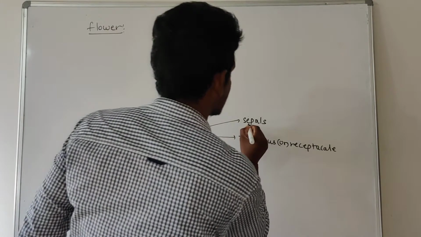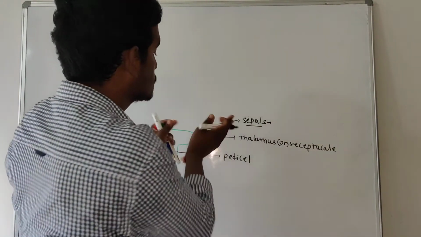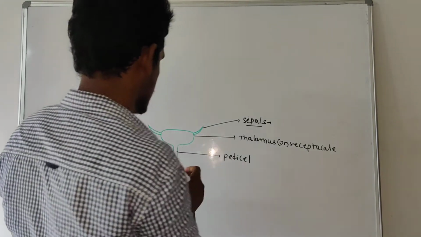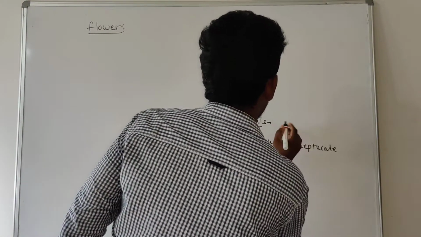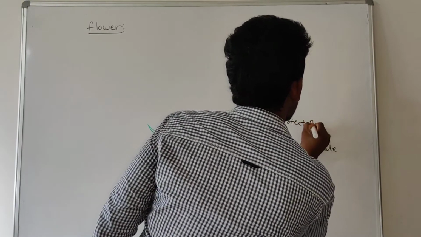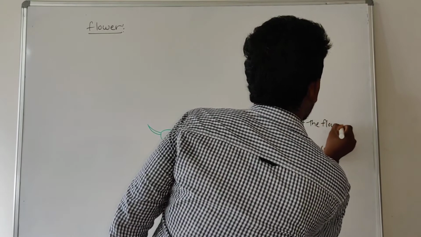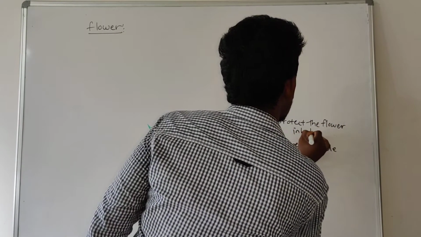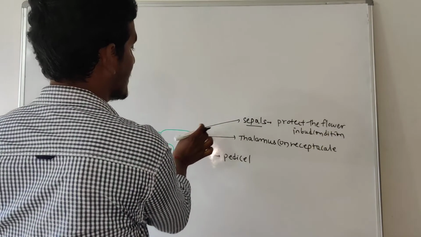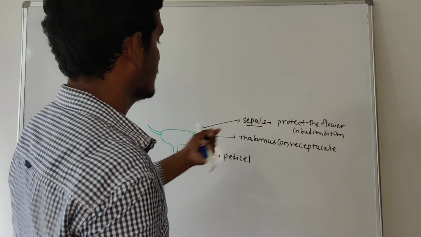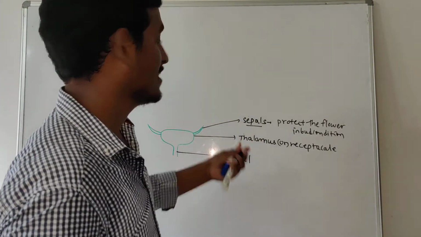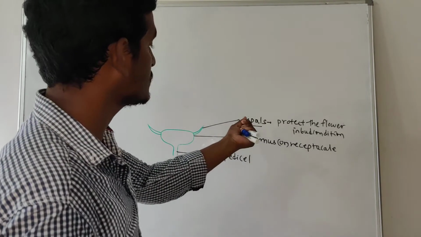Here the sepals help to protect the flower when the flower is in bud condition. That is the main function of sepals. Generally these are green in color. The fusion or collection of sepals is called the calyx, the outermost whorl.